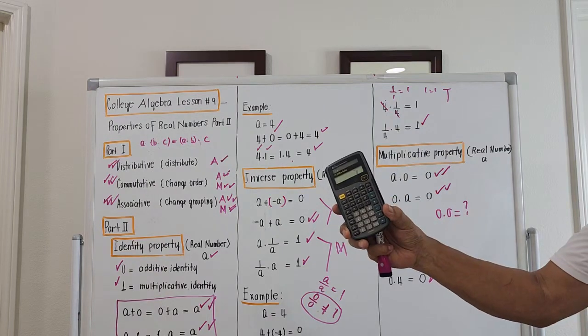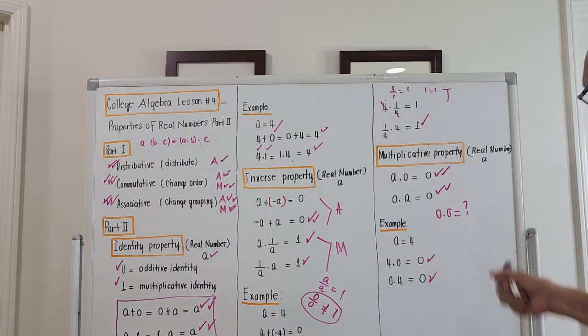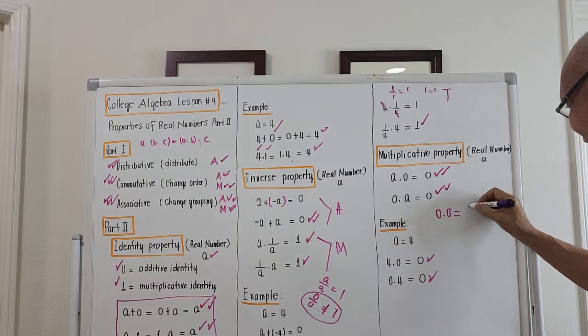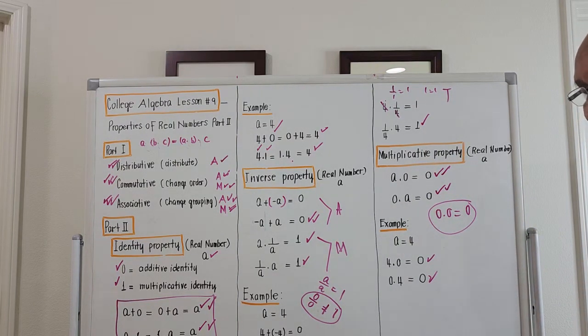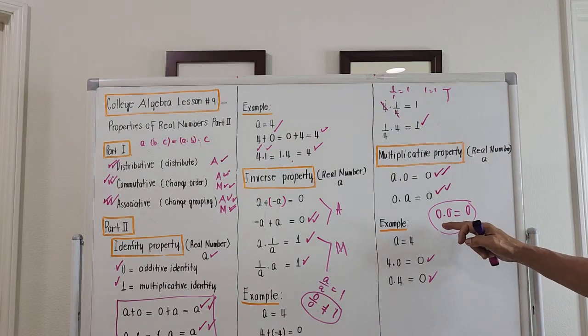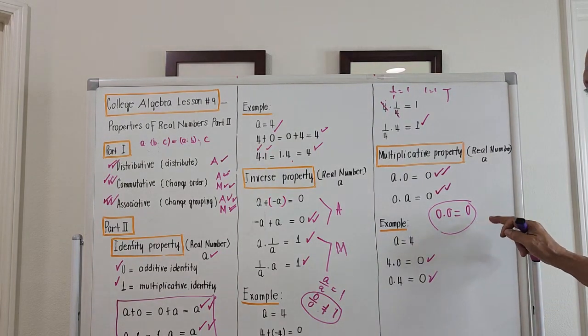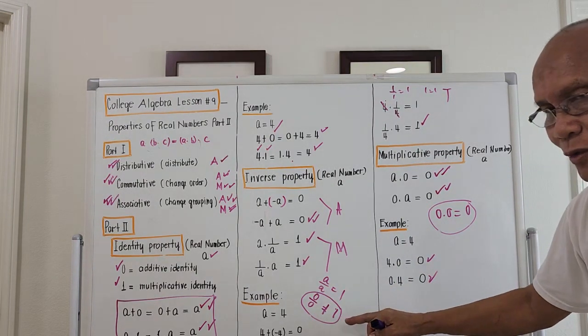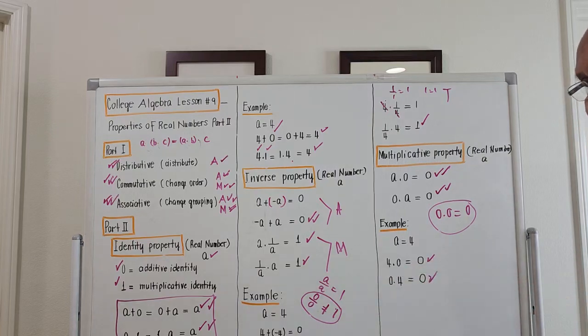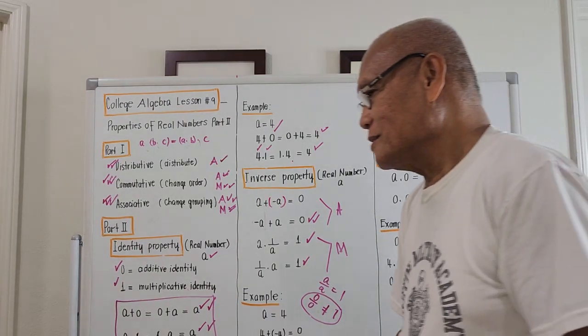It is 0. But there will come a time that we will be discussing this one, okay? The product 0 times 0 will be 0. Even the 0 over 0, how come it is not equal to 1? That's another topic. So that's it, guys.